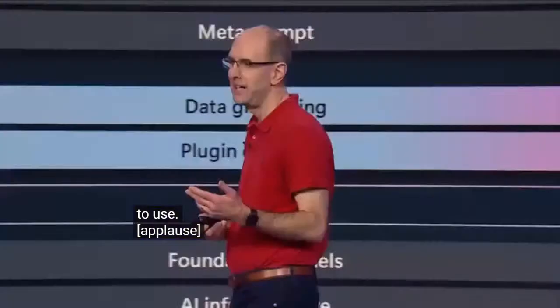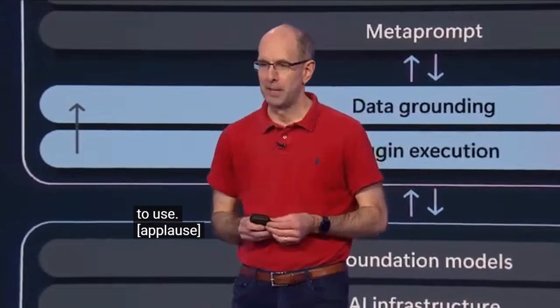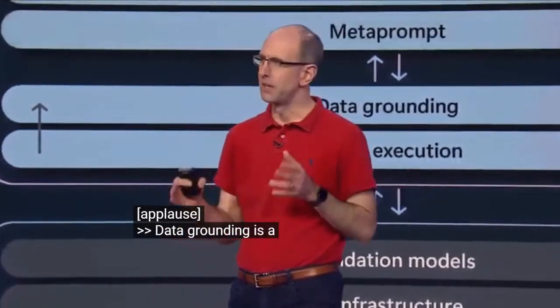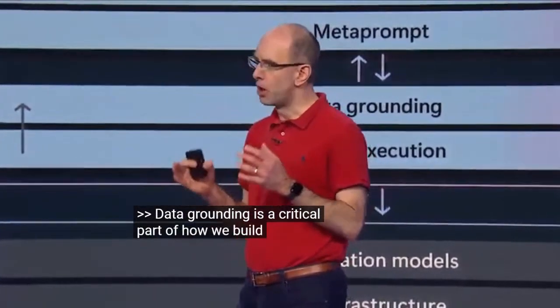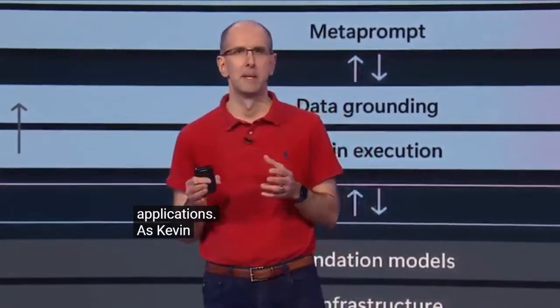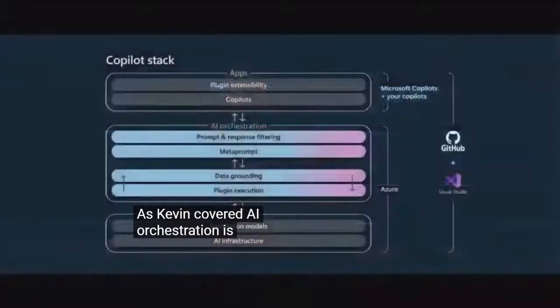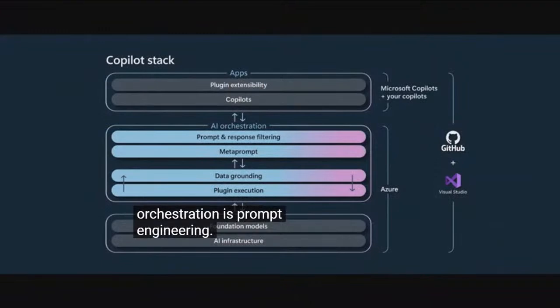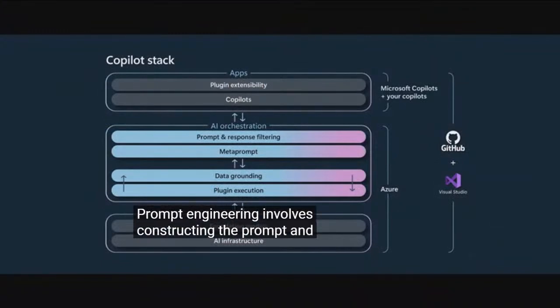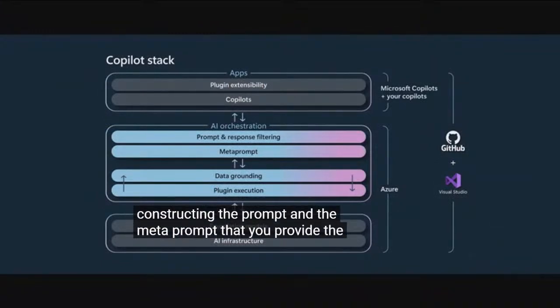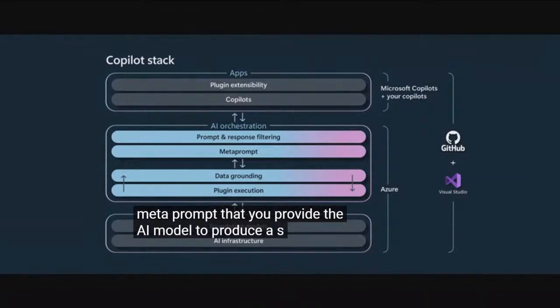So data grounding is a critical part of how we build applications. As Kevin covered in his talk, AI orchestration also includes prompt engineering. And prompt engineering involves constructing the prompt and the meta prompt that you provide the AI model to produce a stronger, more specific response for the user.